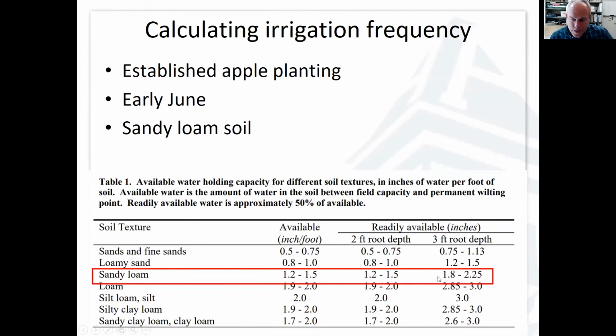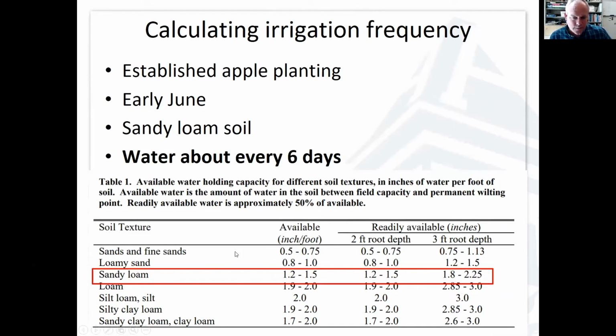And in 3 feet, I'm going to say it's a well-rooted mature orchard, it's probably around this. I can calculate what my water holding capacity is in the top 3 feet. So what that means, if it's using 2 inches of water per week, I've got to irrigate before I hit that 2-inch mark. And so I've got to probably be watering at least every 6 days to supply the water.